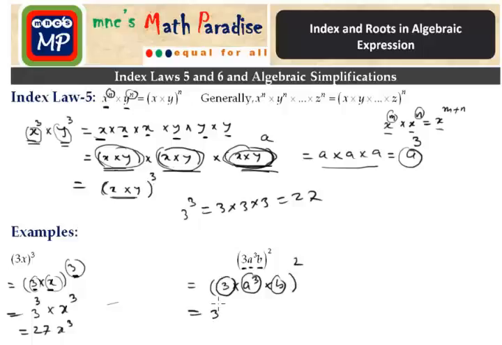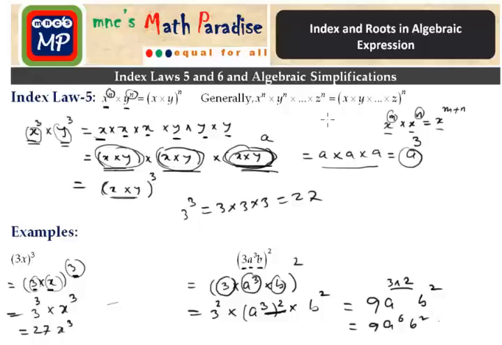That means 3 will get this square power, a cube will get this power, and b will also get this common power. So we will get 3 squared is 9, a to the power 3 to the power 2, using index law 4, power on power, these two powers will multiply. So a to the power 3 times 2, and b to the power 2 will remain as it is. This is 6, so we can write 9 a to the power 6 b square.